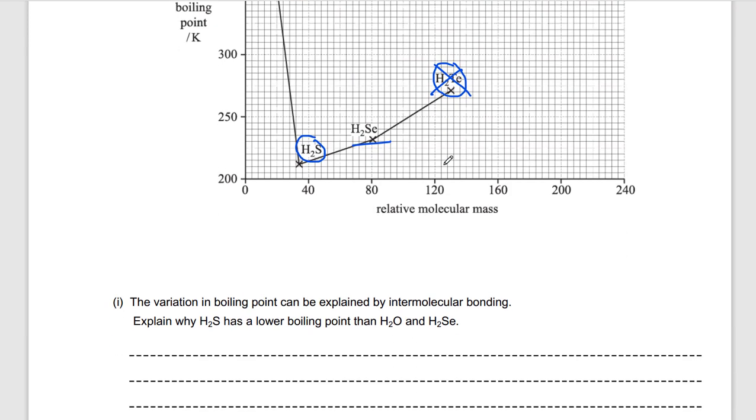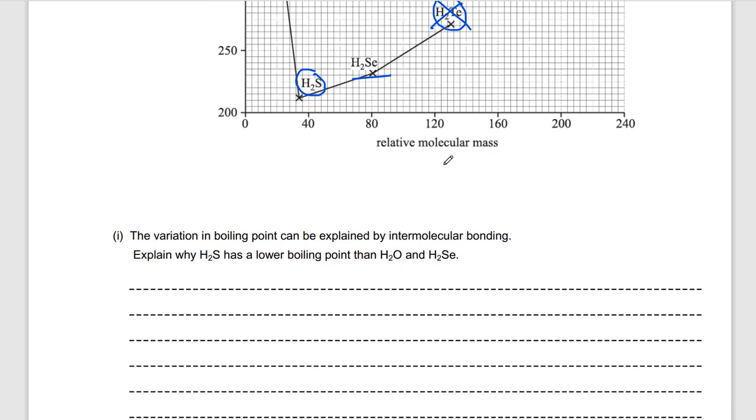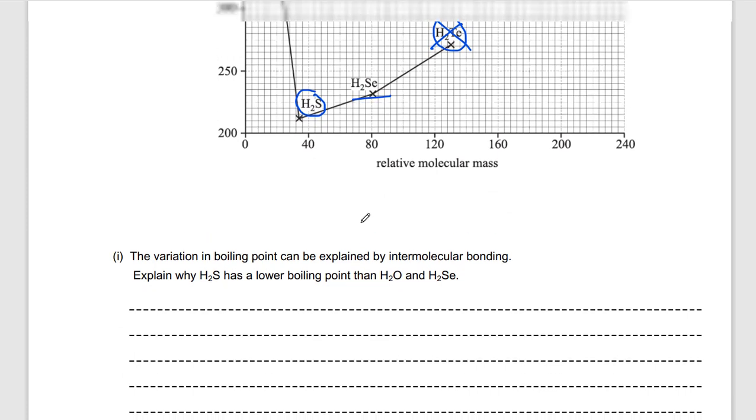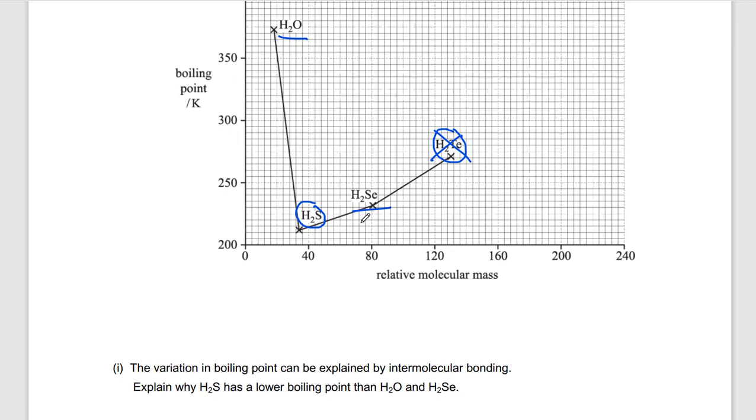I mean, you can if you want, but it really isn't essential to do. And you won't get any credit for it, so you're just wasting ink. Now, we need to ask ourselves, what are the intermolecular forces going on in these compounds? So clearly, water has a much higher boiling point than hydrogen sulfide, which is less than H2Se as well.